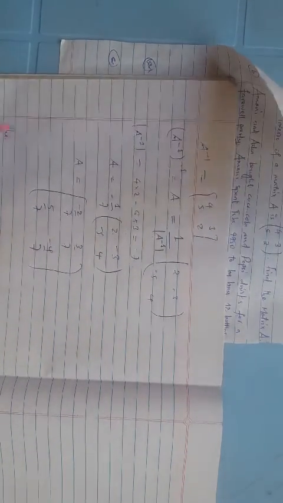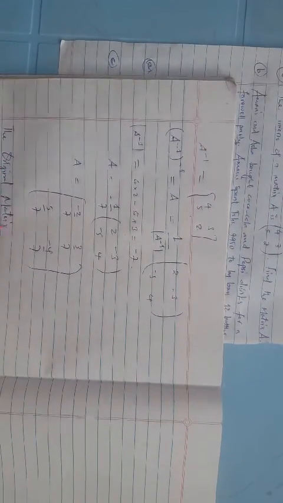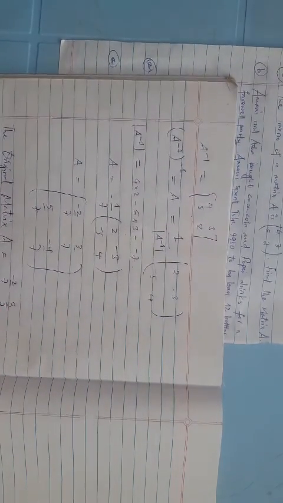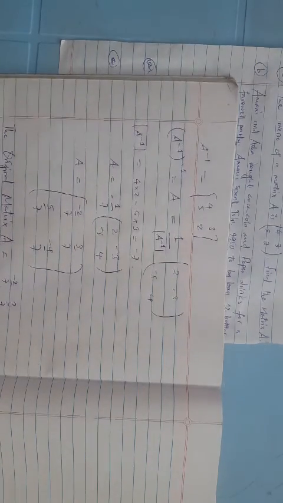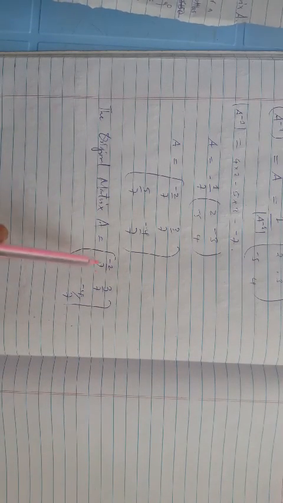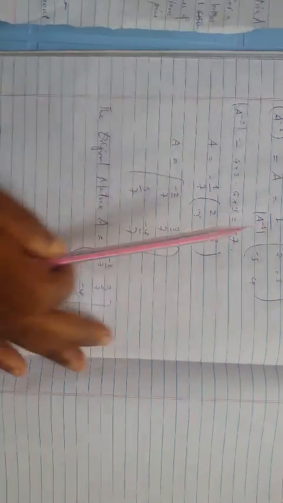Now the original matrix A is equal to -2 over 7, 3 over 7, 5 over 7, -4 over 7. Now the answer is this one. If we try to find the inverse of this matrix, we will find the given one. Now that's section A. Let's continue with section B.